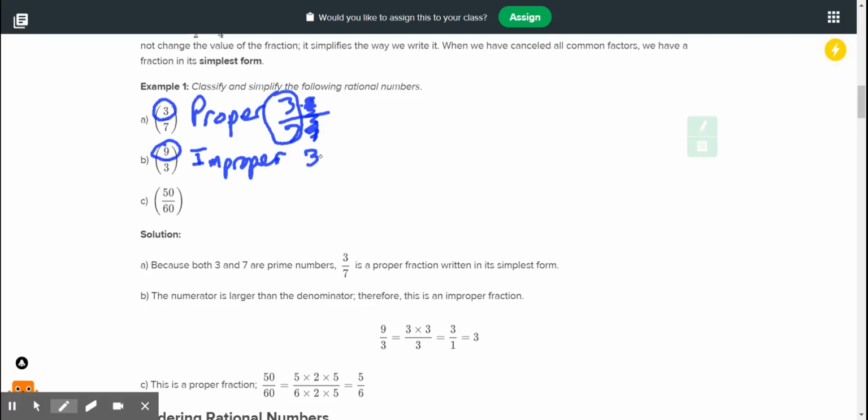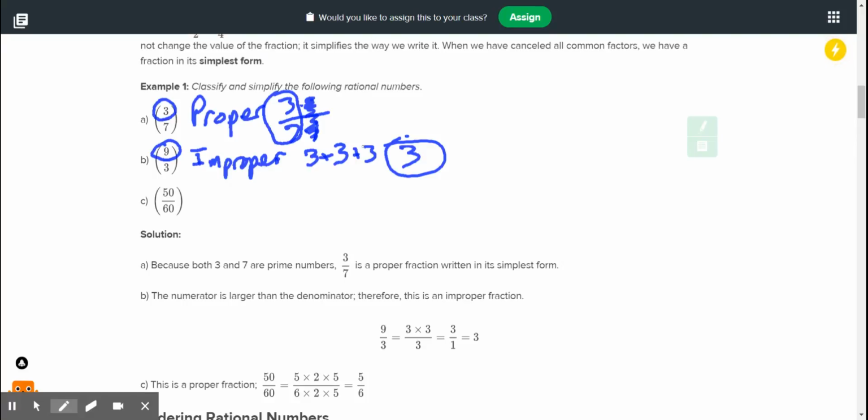I can go 3 plus 3. 3 plus 3 is 6. Plus 3 is 9. So 3 went into 9 1, 2, 3 times. So writing 9/3 and reducing it to its simplest form, I get the number 3.